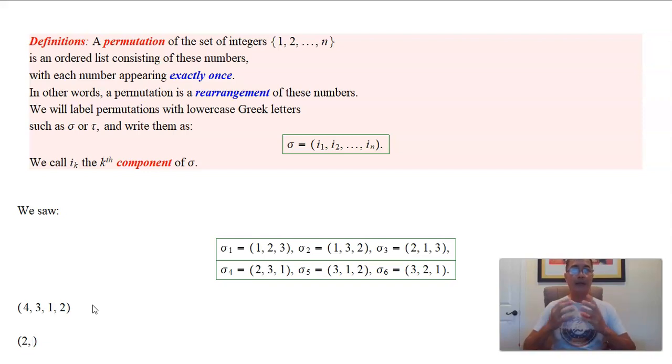Okay, I had 4 choices for the first component. Okay, so next, in how many ways now can I choose to fill the second component? I've already used 2, so I can only use 1, 3, or 4. So there are now 3 ways to choose the second component.